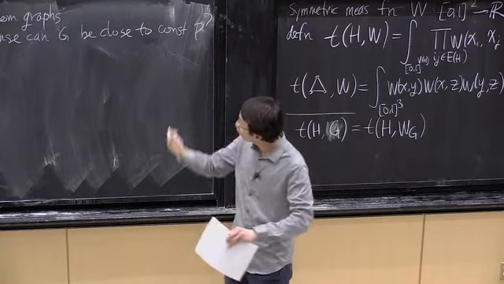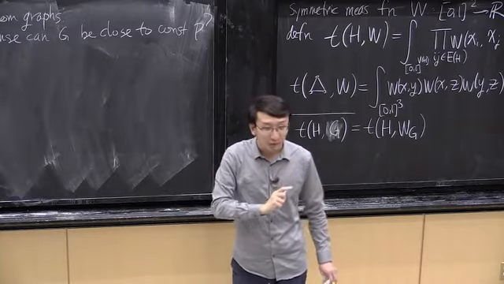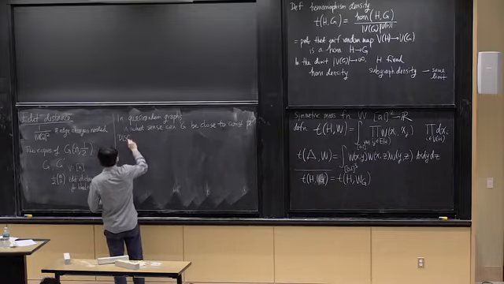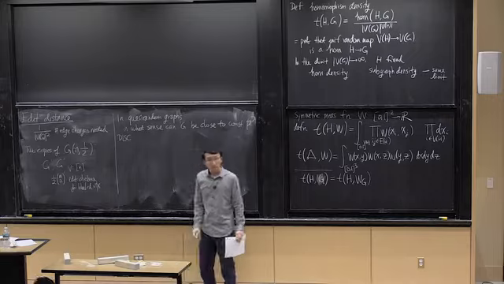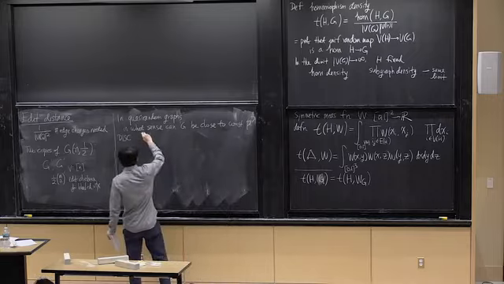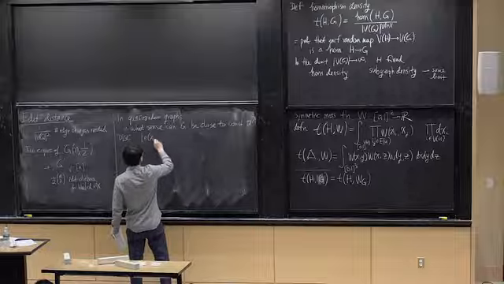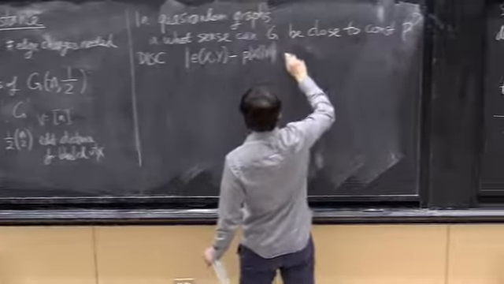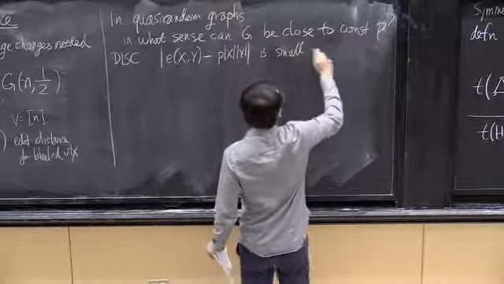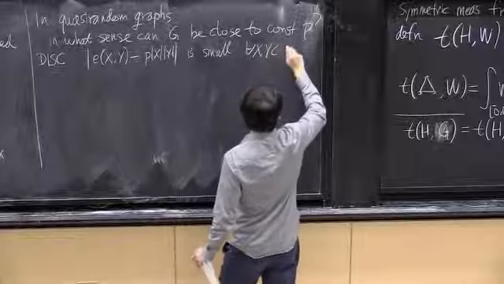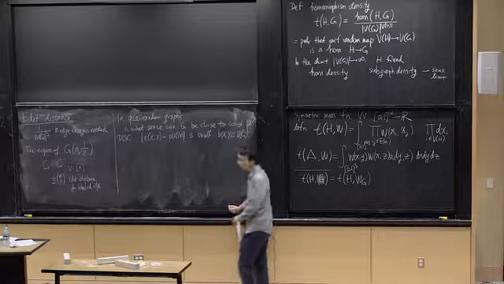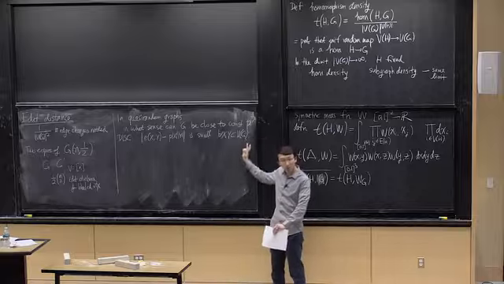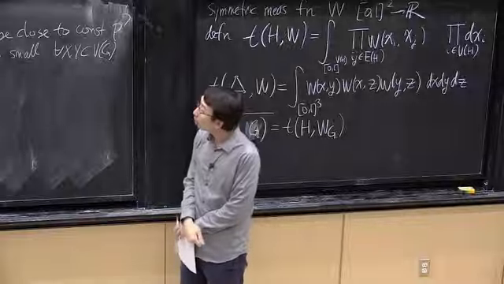So in what sense can G be close to p? And one of those definitions was discrepancy. Discrepancy says that if the following quantity is small for all subsets X and Y of vertices of G. You all remember this part, the discrepancy hypothesis for quasi-randomness.